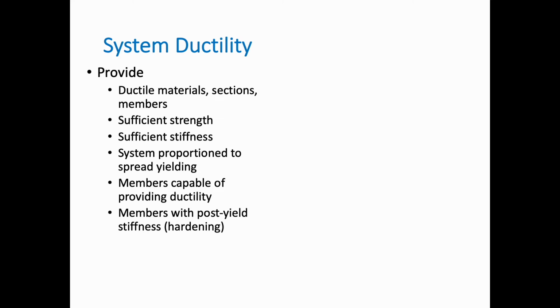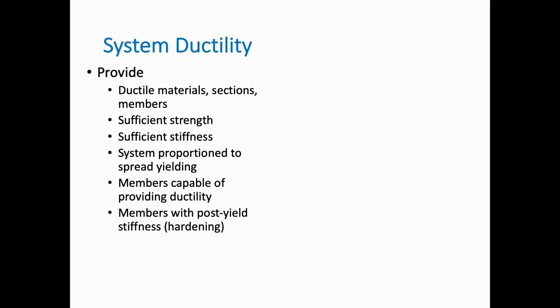And what we need to provide for these is ductile materials, sections, and members, as we said before. Definitely sufficient strength and sufficient stiffness. The system proportioned to spread the yielding across the members of the system. Members that are capable of providing ductility, and members with post-yielding stiffness.